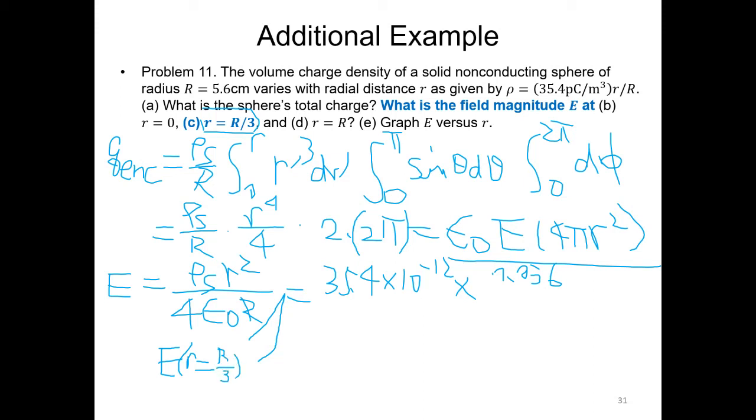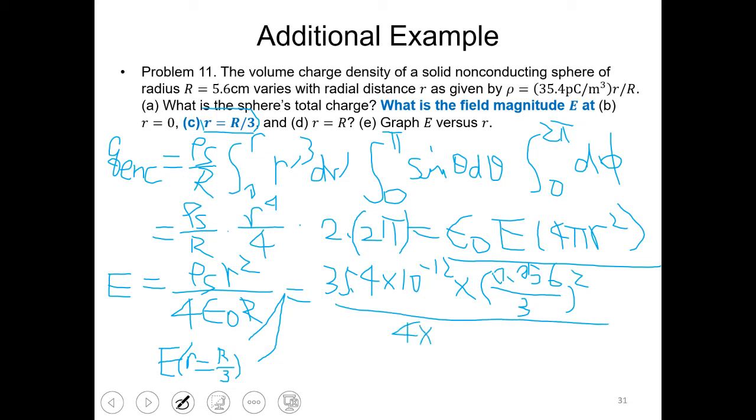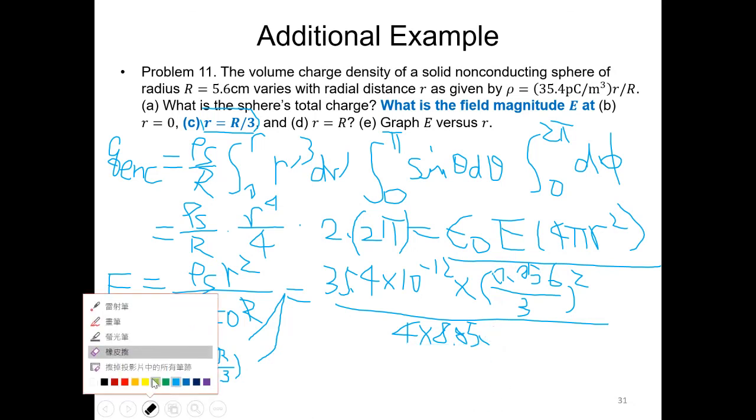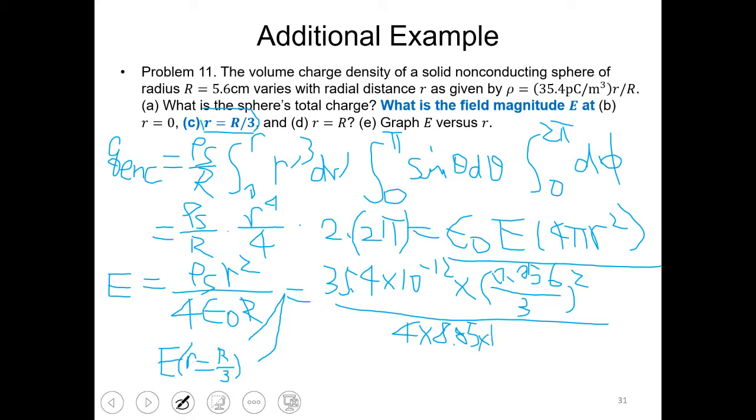It will be more rigorous: R over 3 squared over 4 times 8.85 times 10 to minus 12 times 0.056. So it will be 6.22 times 10 to minus 3 Newton per Coulomb.